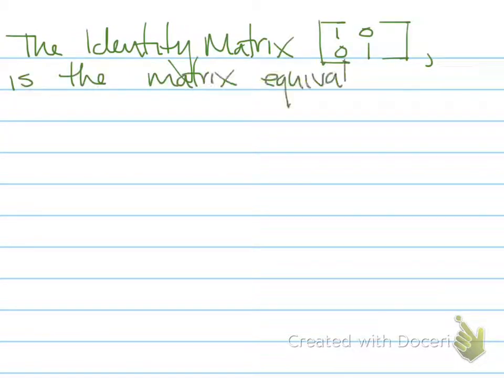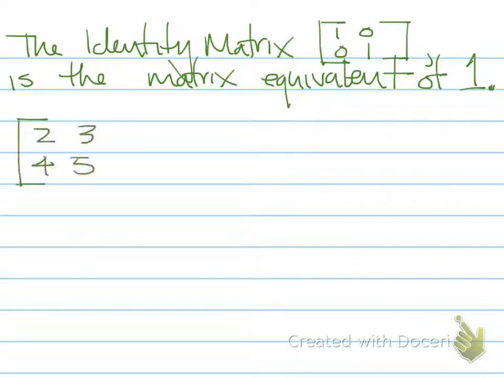Using matrices, the identity matrix is the following matrix. 1, 0, 0, 1. That is the identity matrix. It is the matrix equivalent of the number 1.